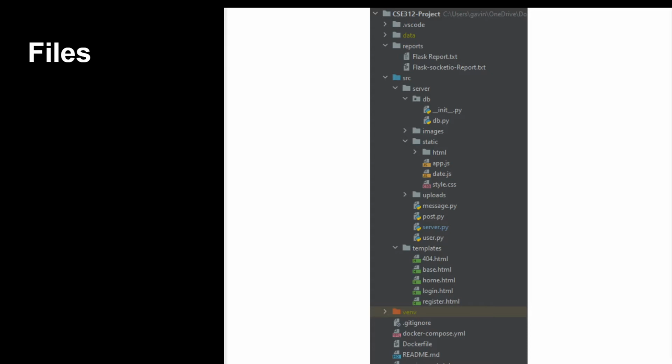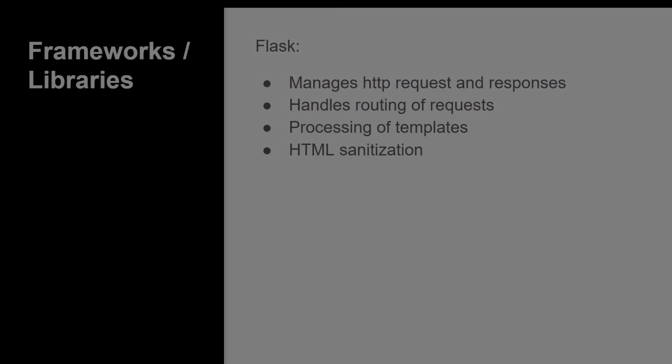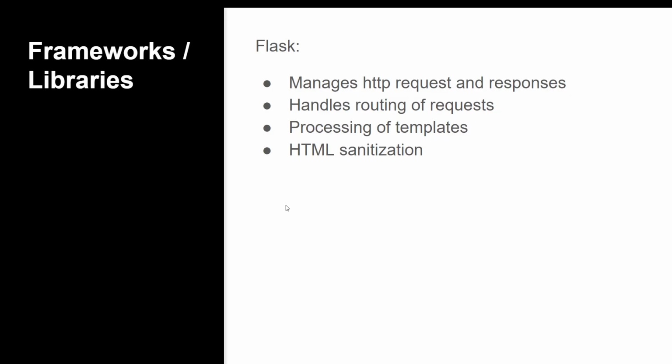Now for the frameworks and libraries. Flask starts a WSGI server that manages HTTP requests. When a request is received, it creates an object that describes the environment about the request, which we call the request context. This is put into a local stack, and the same is done for application level data, which we call the application context.